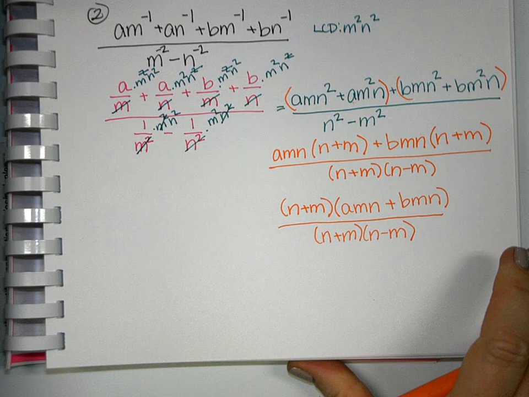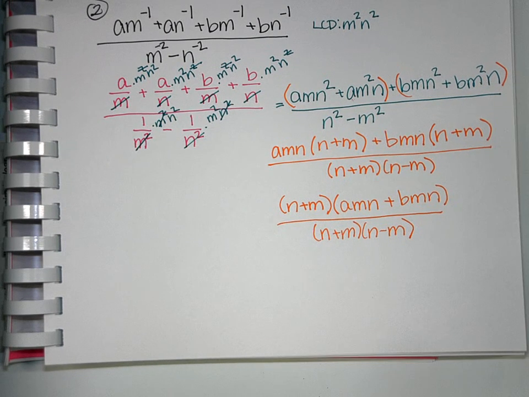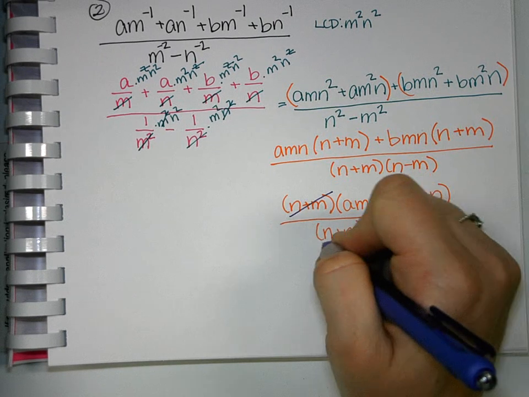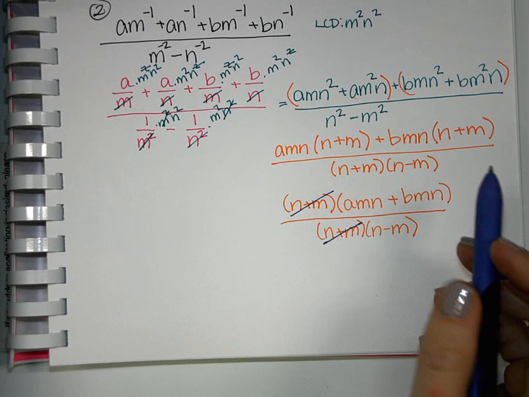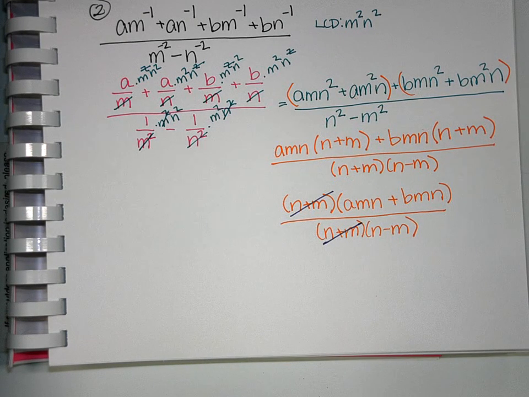From here, I notice that I can simplify by crossing out the n plus m's.